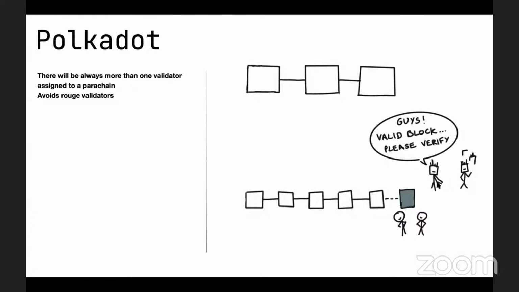Meaning, if there is only one validator, that validator could game. He could add invalid data into the blocks, right? But the moment there are more validators, and only if 2/3 of the validators say this block is valid, then it can get added to the blockchain, right?